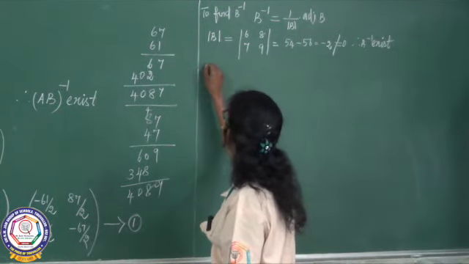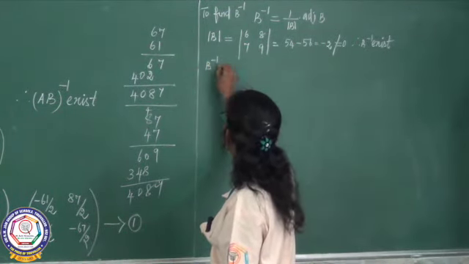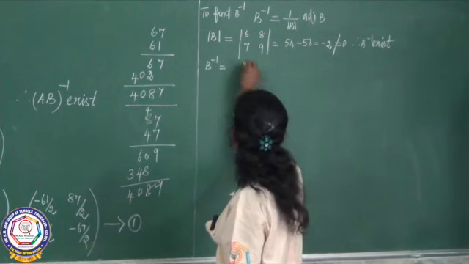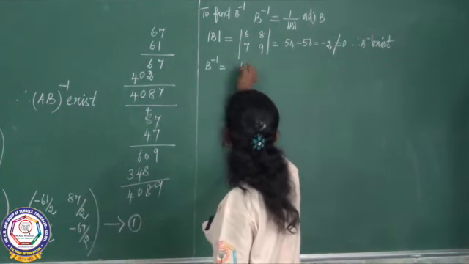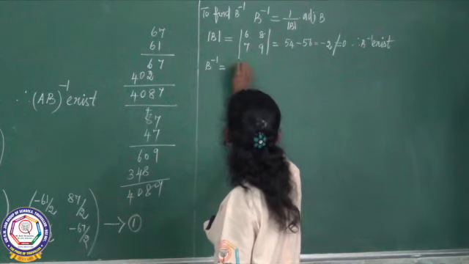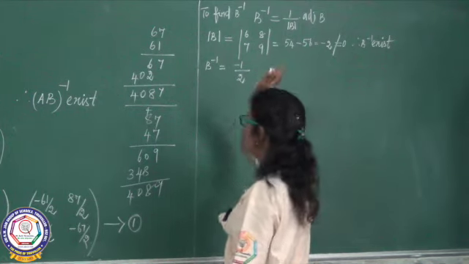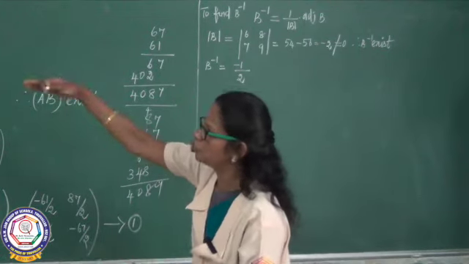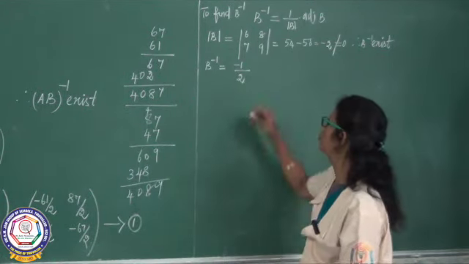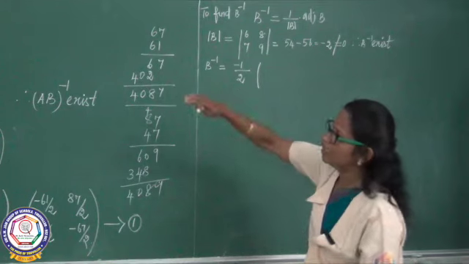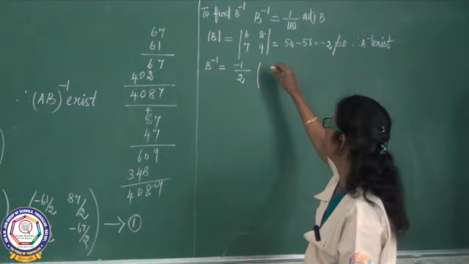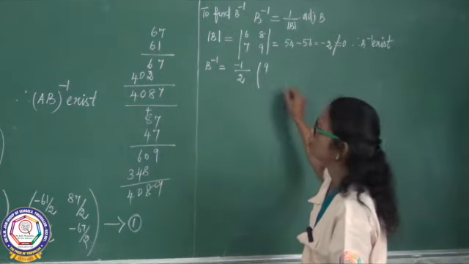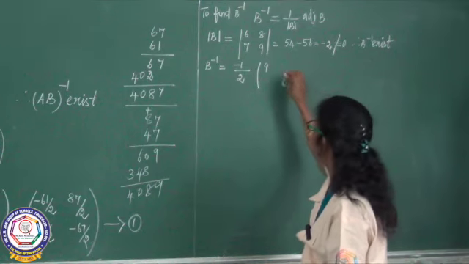Now, B inverse equal to 1 by determinant B, that is minus 2, the same minus you shift to the numerator, and then adj B. Adj B, it is a 2 by 2 matrix, so it is easy for you to interchange the main diagonal entries, that is 6, 9.